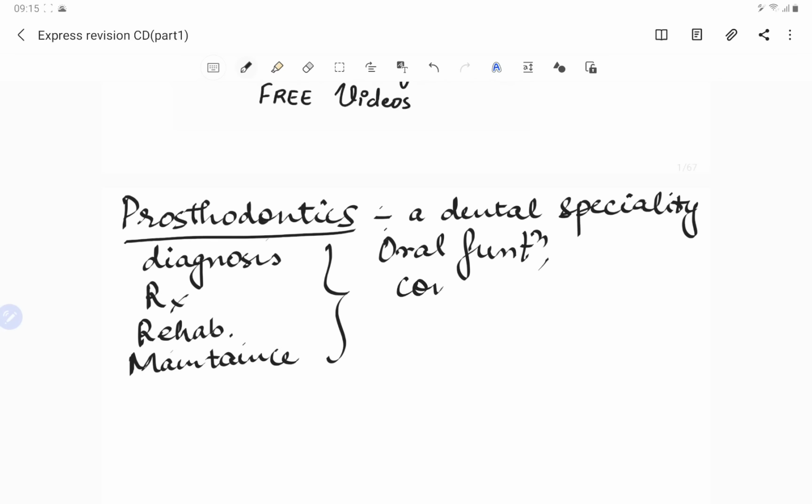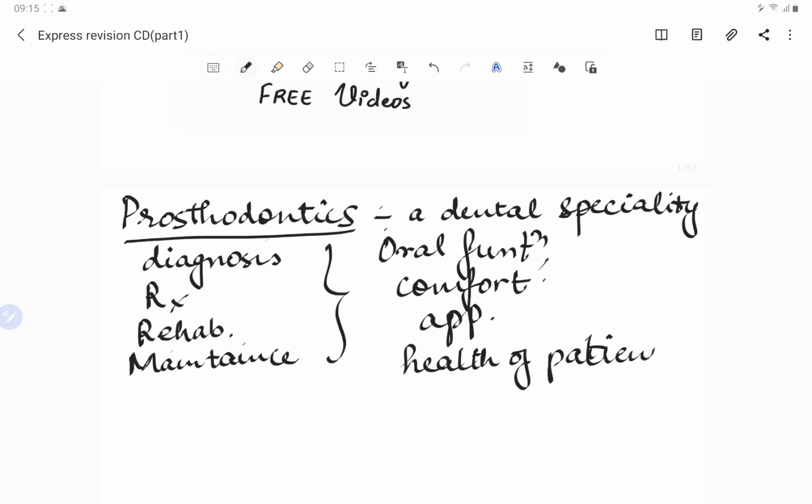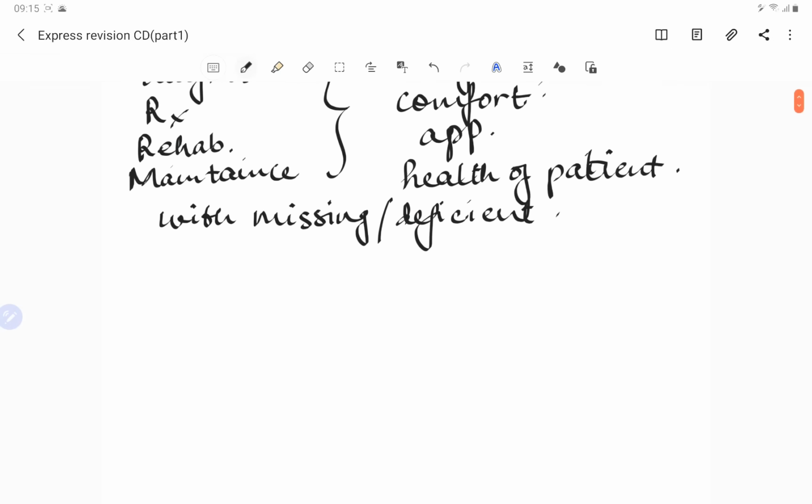comfort and also appearances. And more importantly, we restore the health of the patient, right? So the dental health of the patient. In the prostho, we see if there are any missing or deficient teeth, and or the maxillofacial tissues, using biocompatible substitutes.